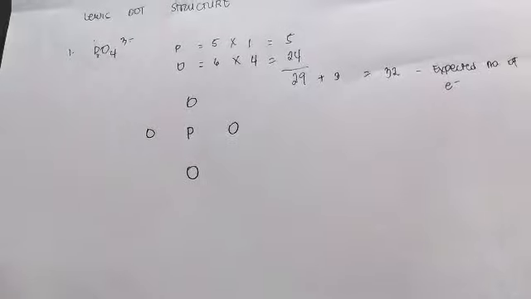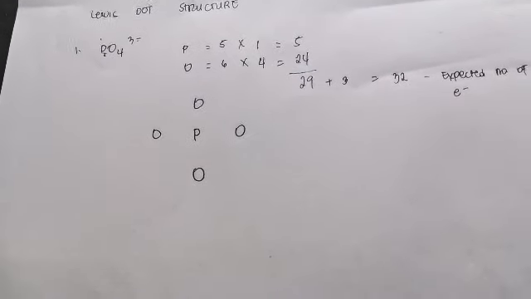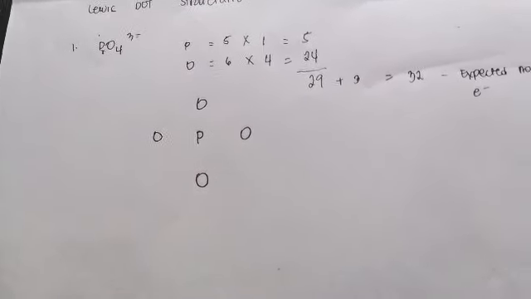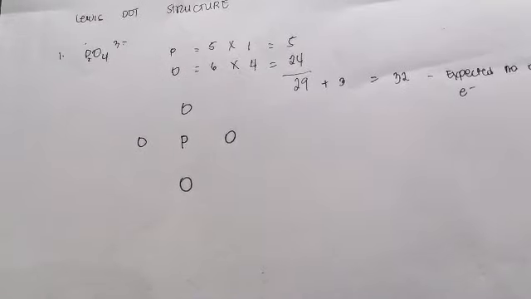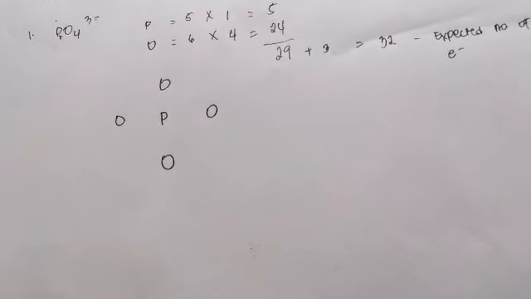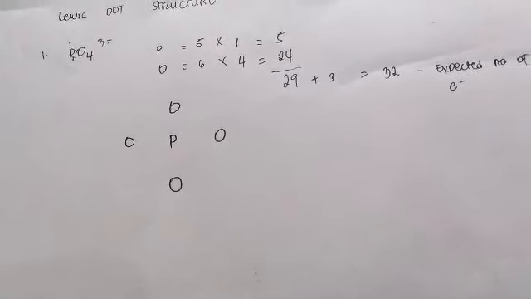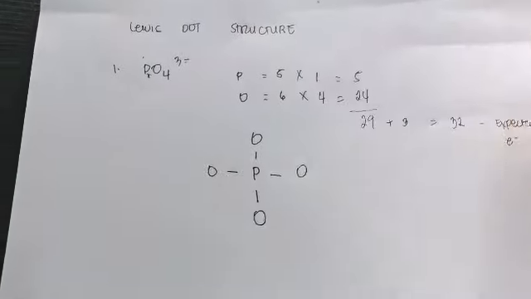Okay, so you have there the 4 oxygen. Now, after putting all the 4 oxygen atoms, you need to create a bond. One bond, one bond, one bond, and another bond.